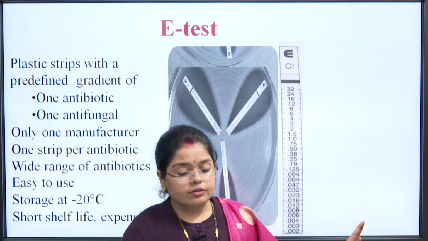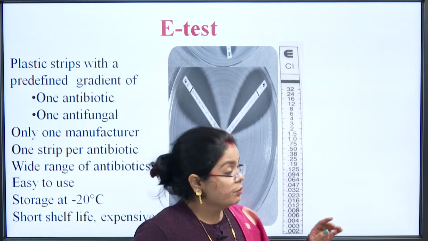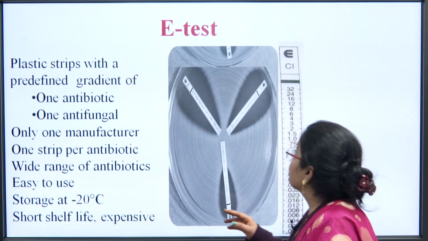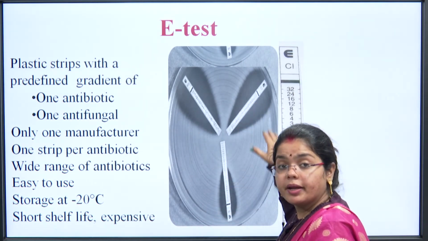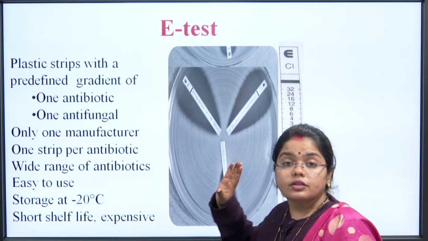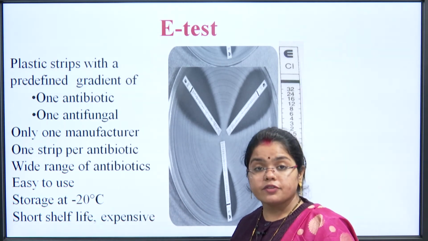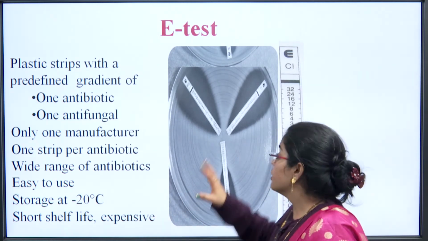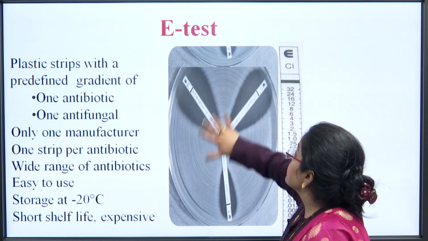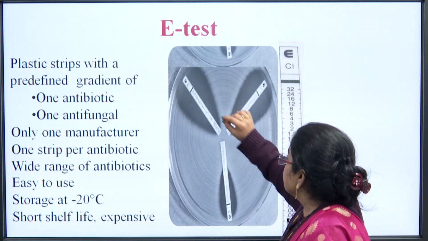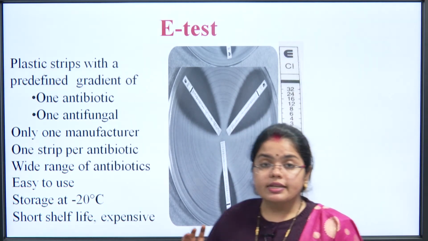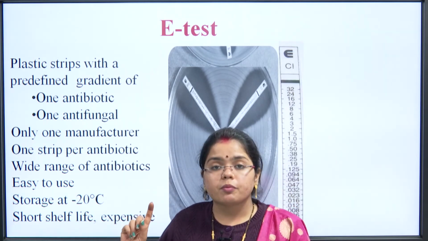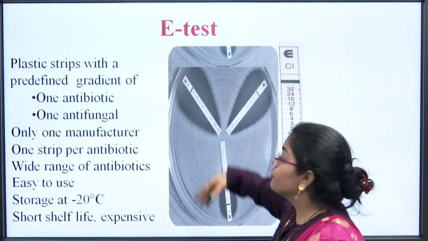As the figure is visible to you, this is the complete plate where the culture of the bacteria or organism being tested is kept. This is the agar plate. We place the E strip accordingly. You can see the way the strips are placed. It is not like you can place it anywhere on the plate.